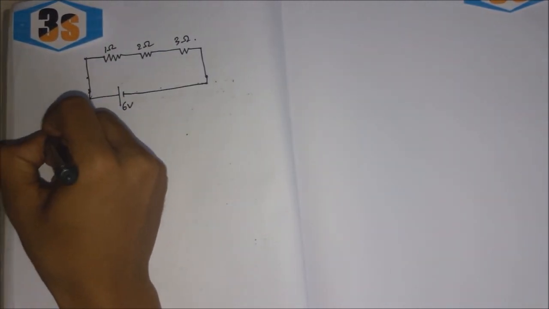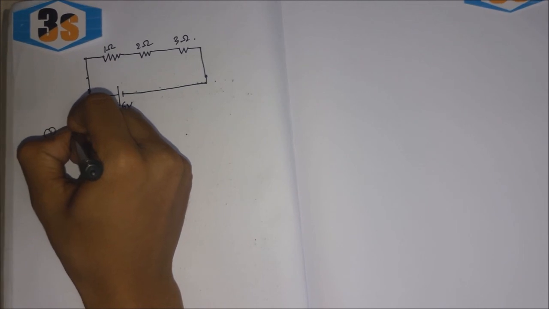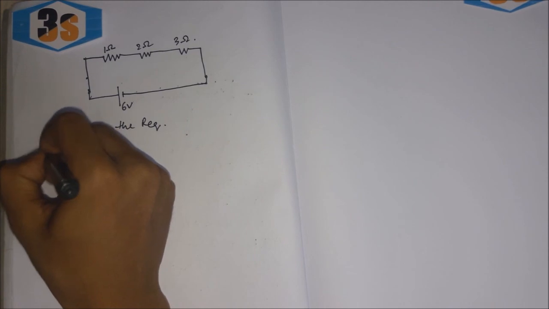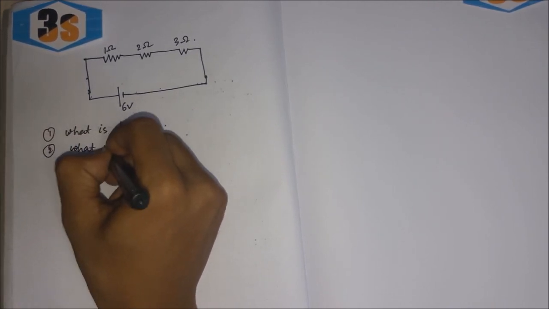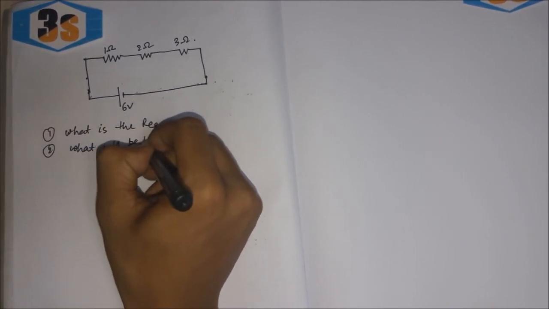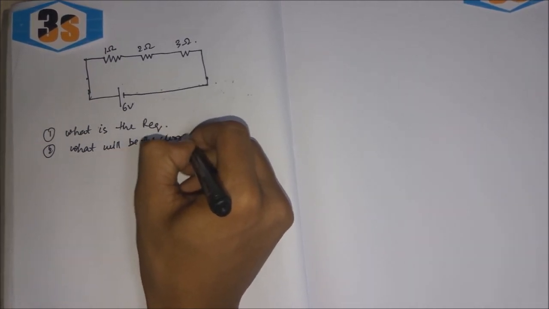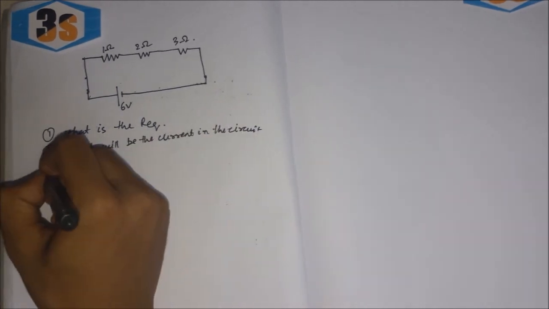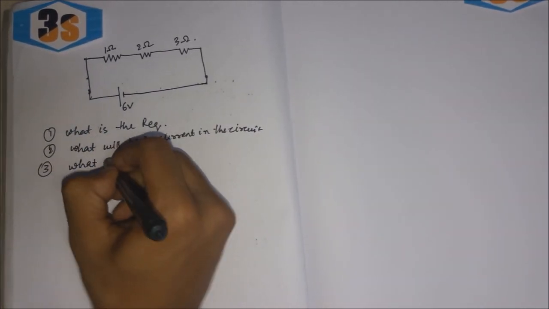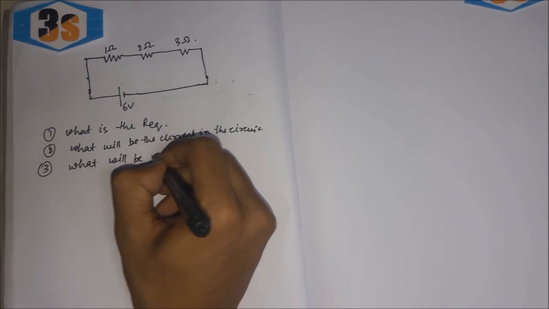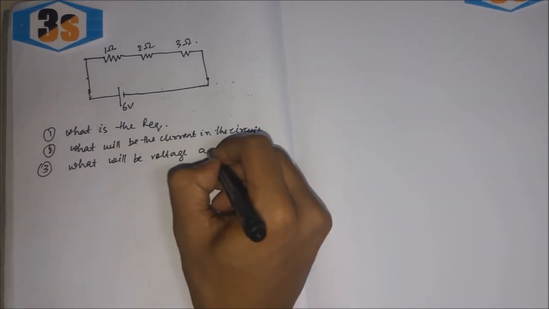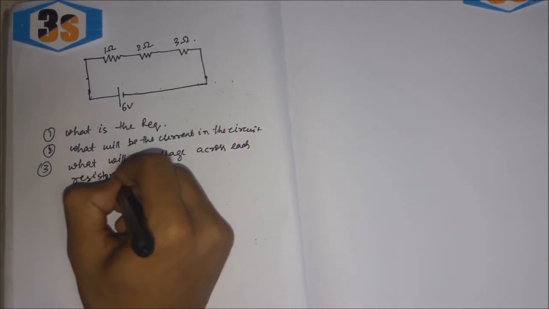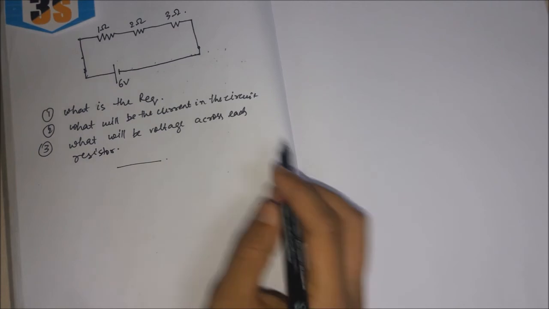Now we could have questions like what will be the equivalent resistance, what will be the current in the circuit, and lastly what will be the potential difference, or what will be the voltage, you can say, across each resistor. Now let us solve these questions.